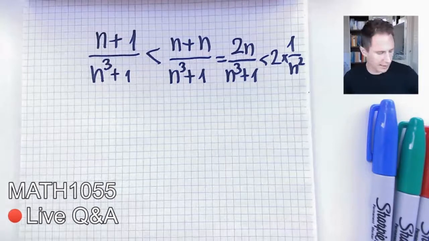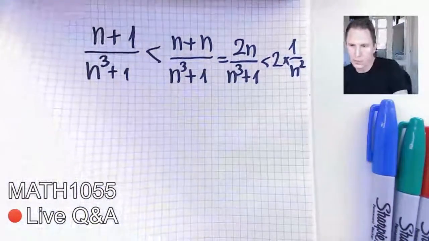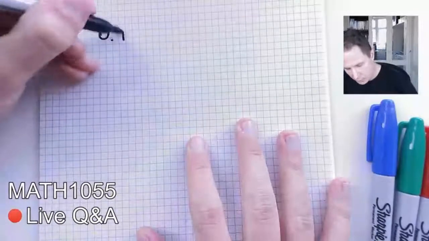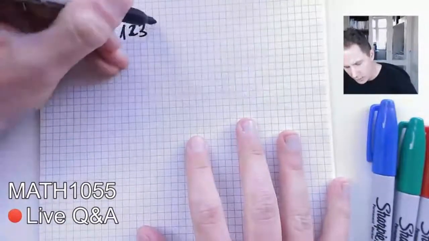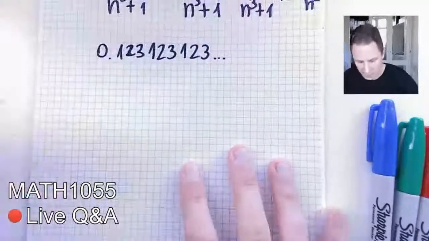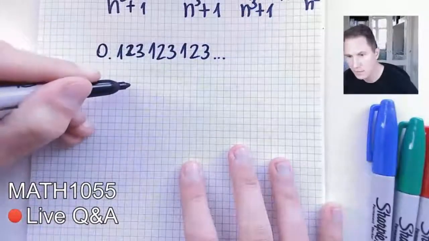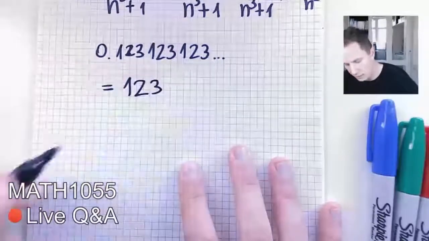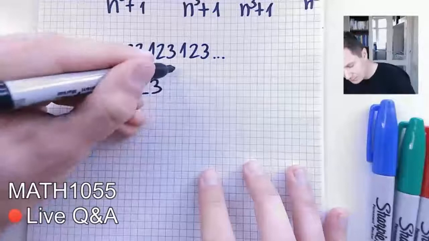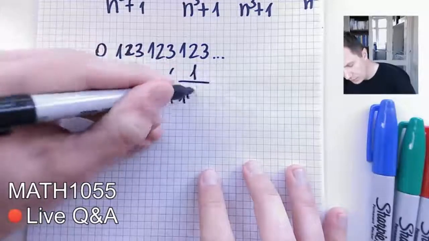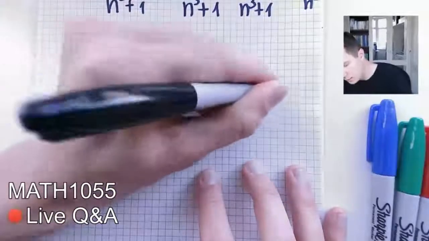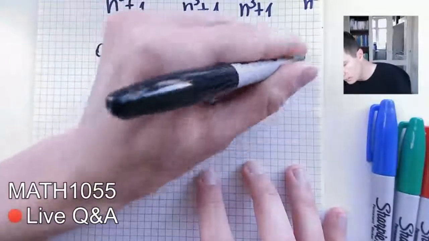Let's move on to this other question where we had 0.123 infinitely repeating. The point here is to notice that you have 123 times 1 over 1,000 plus 1 over 1,000 squared plus 1 over 1,000 cubed, and so on.